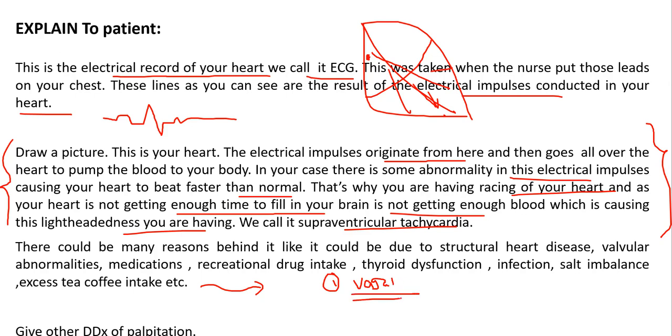This vagal nerve stimulation can be done in a lot of ways. One, you can do the Valsalva maneuver. You can do carotid sinus massage. You can ask the patient to immerse their face in cold running water. Any of these will stimulate the vagal nerve, which can reduce the heart rate. Okay.